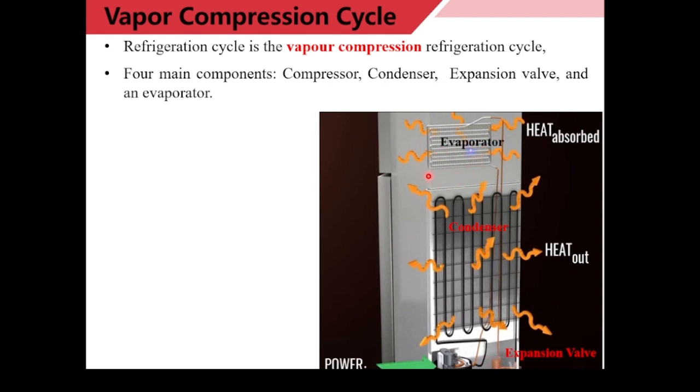So basically we are removing heat from this box into the environment. Heat is absorbed here and heat is removed out here and work is done here. It means power is input in this compressor.